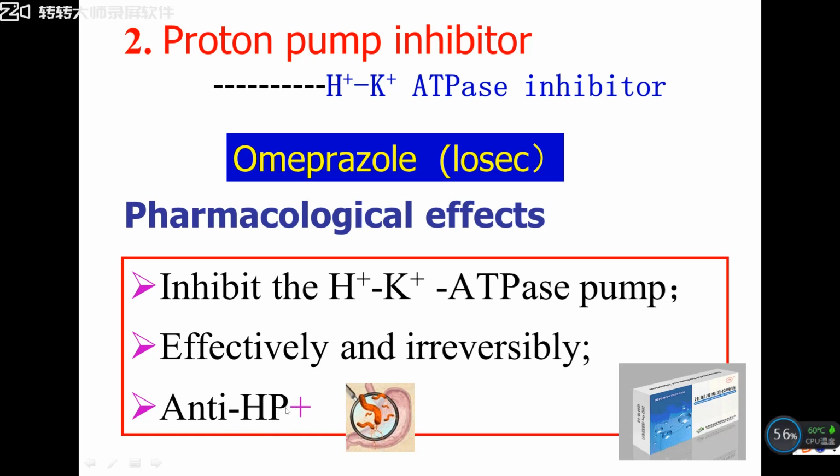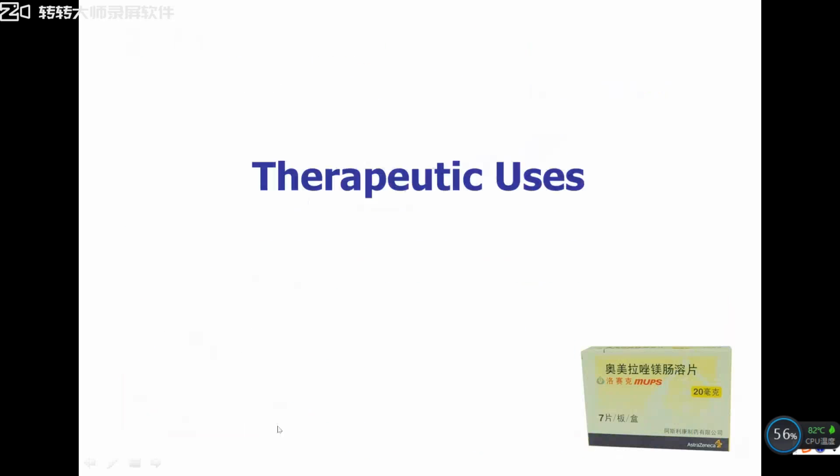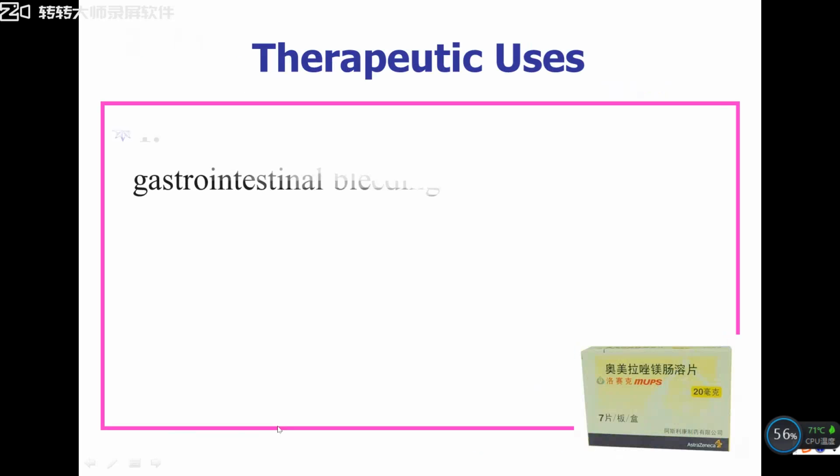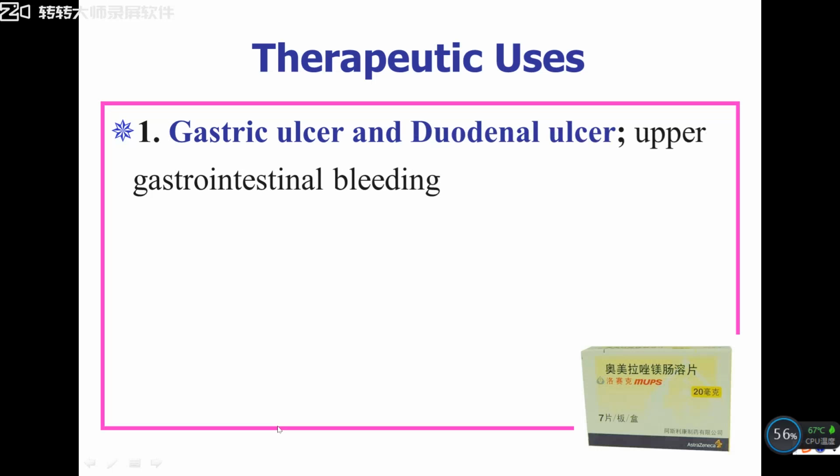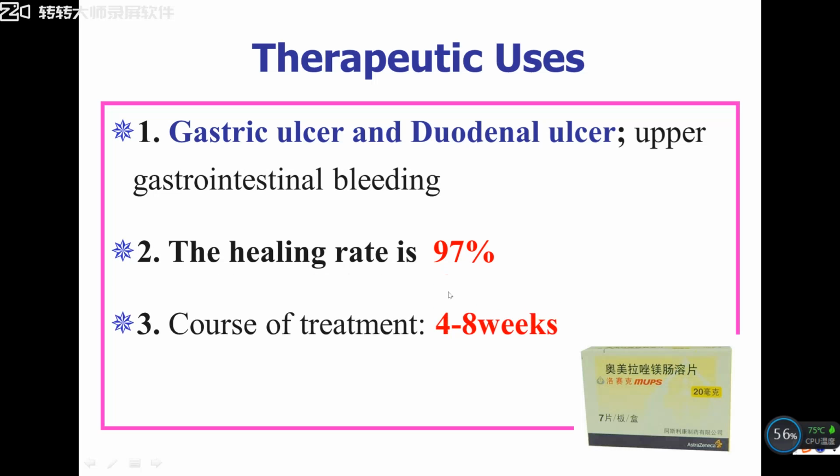So it is very useful and more powerful than the other drugs. Used to treat gastric ulcer and duodenal ulcer, and also upper gastrointestinal bleeding. For gastric ulcer, the healing rate is more than 97%. So very high healing rates.